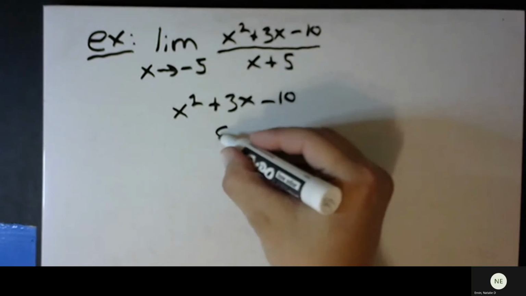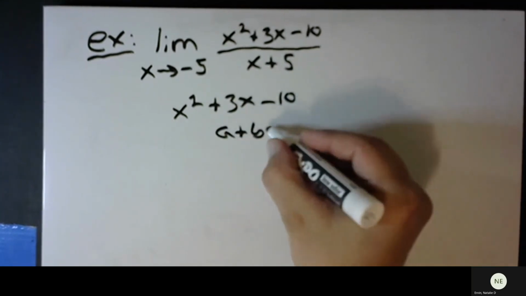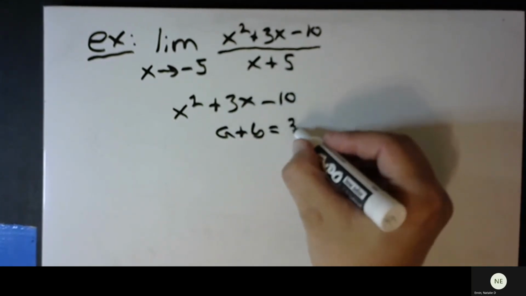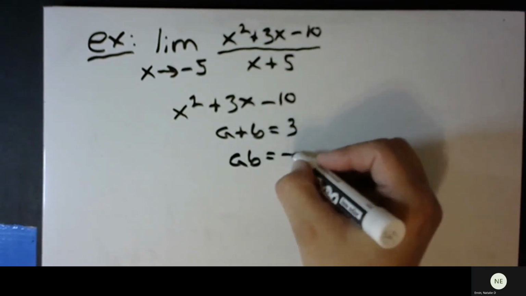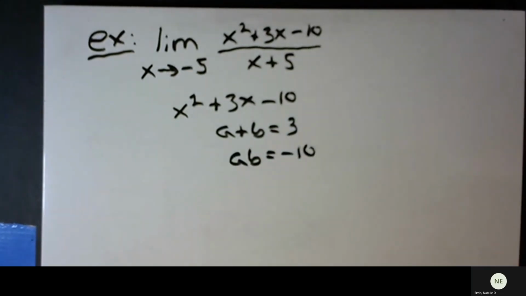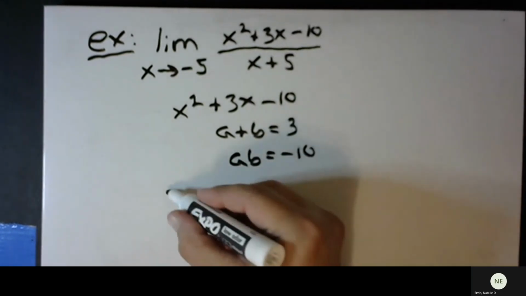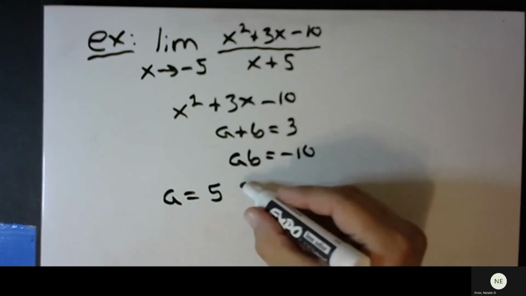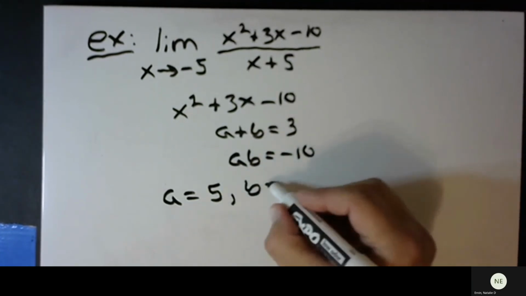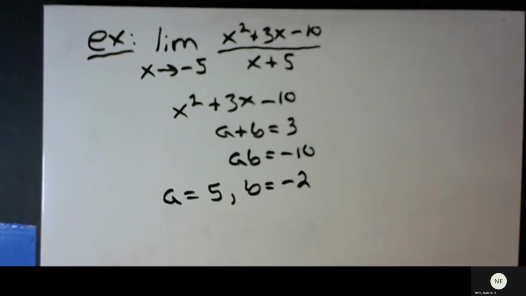So we need an a and a b that adds up to 3 and has a product of -10. An a and a b that will do this: let a be 5, let b be -2.